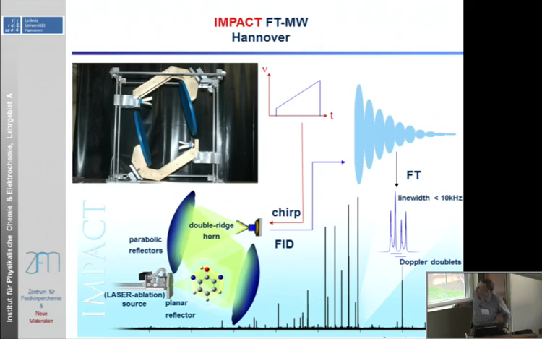You have a horn here, you do your microwave pulse, which expands, then the reflector makes a parallel beam out of that, and then the second reflector focuses it, because it's symmetric, to where this horn was before.